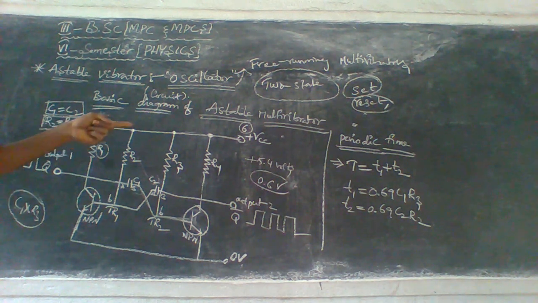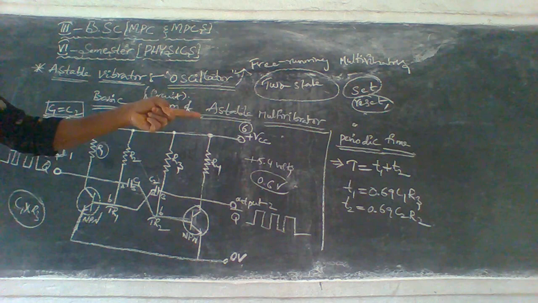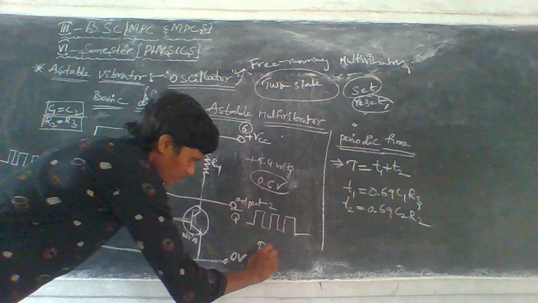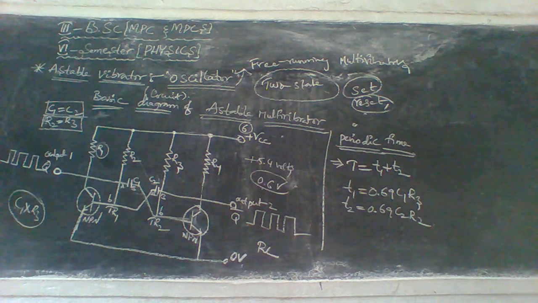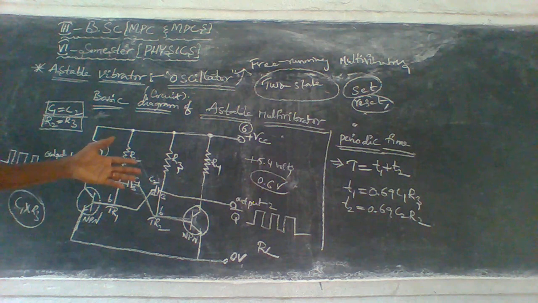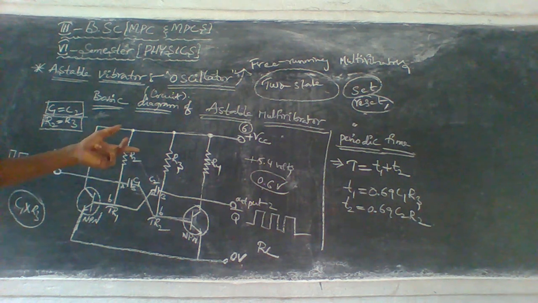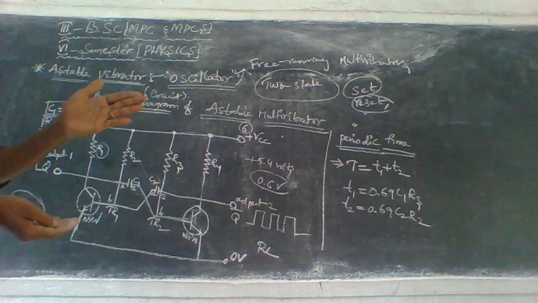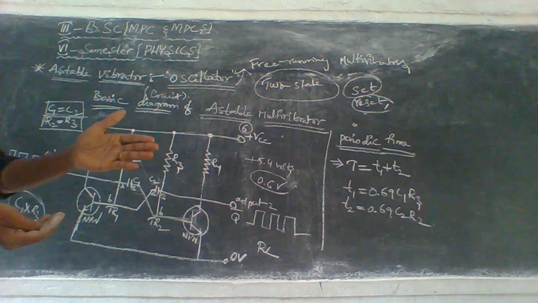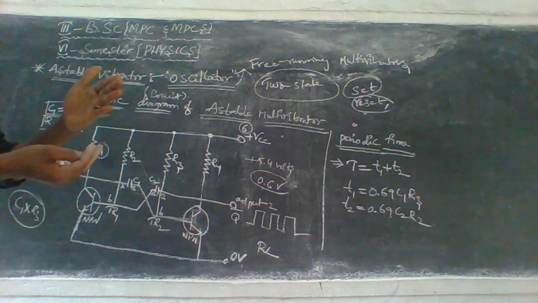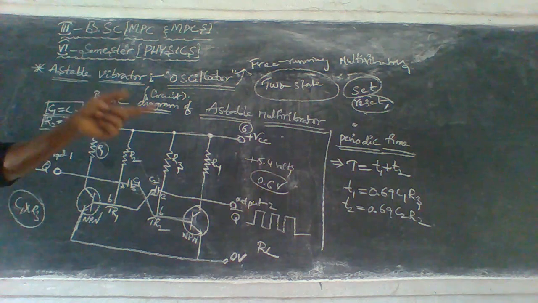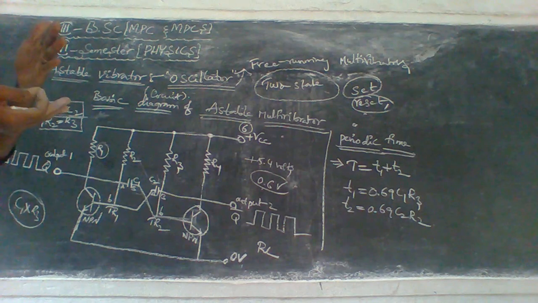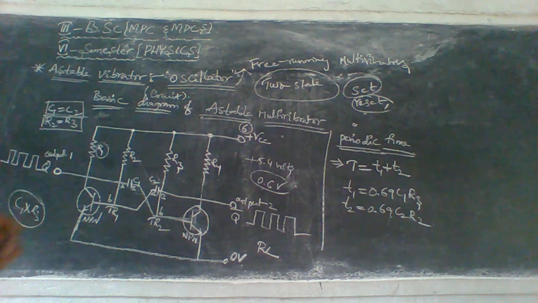Okay, so here by altering the time constant of just one RC network, the mark to space ratio and frequency of the output waveforms can be changed, but normally by changing both RC time constants together at the same time, the output frequency will be altered, keeping the mark to space ratio the same at 1 to 1.